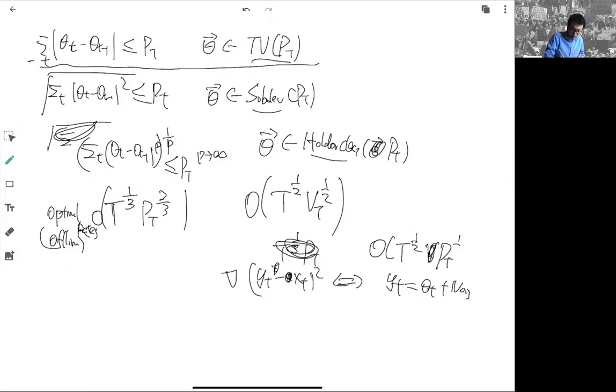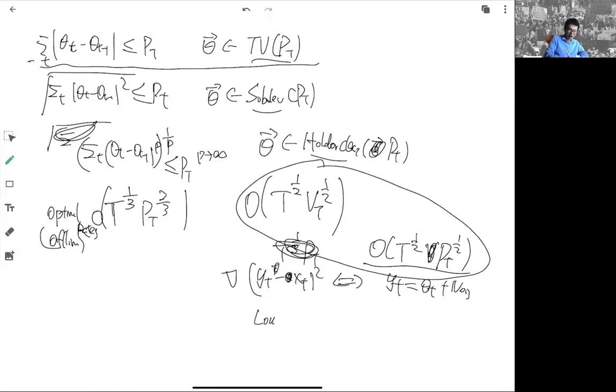This is actually not surprising at all because this square root of t rate is a lower bound for a family of methods called linear smoothers.